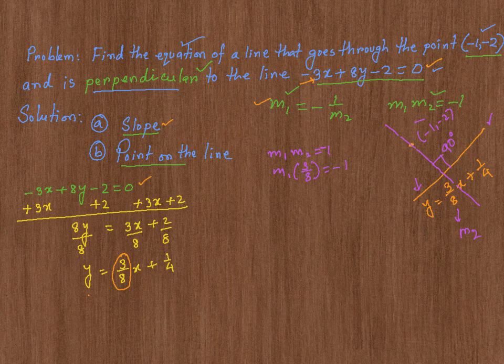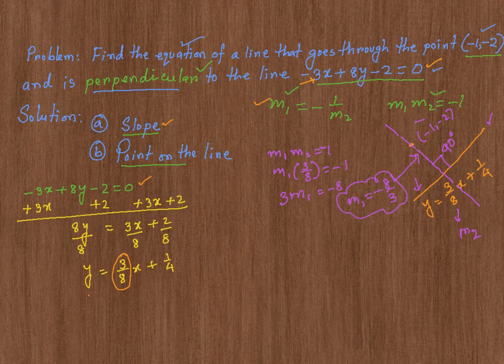Multiply both sides by 8, and we get 3m1 = -8, or m1 = -8/3. That's going to be the slope of the desired line.